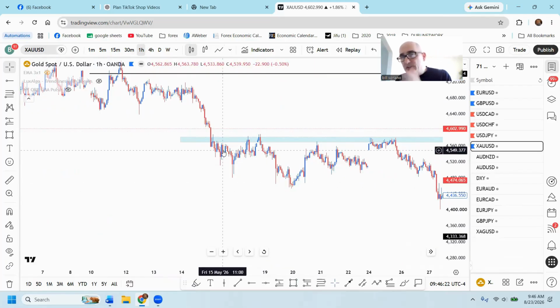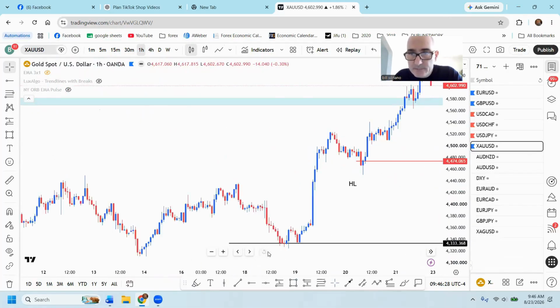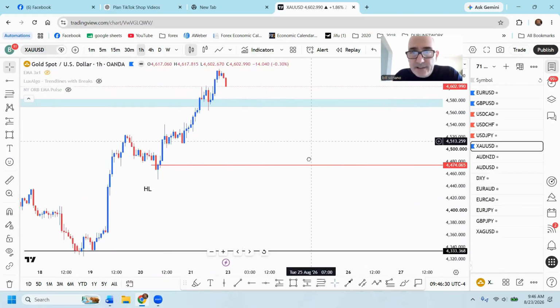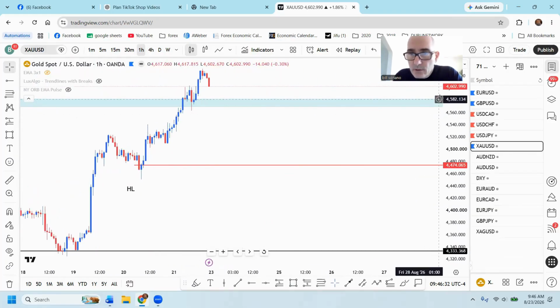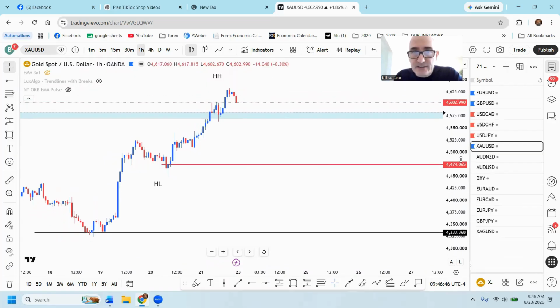Sometimes if the zone is really small, if the body's really small, I might grab another candle right next to it as well. Okay, sometimes. So this is our area in gold. So this is at 4582.134. That's where we're looking for a reaction on gold to take a long position again.